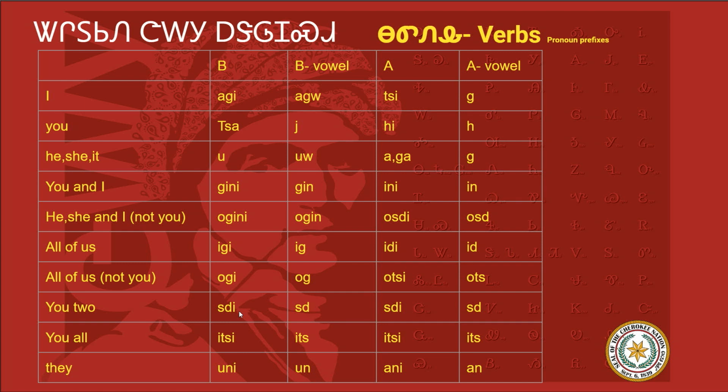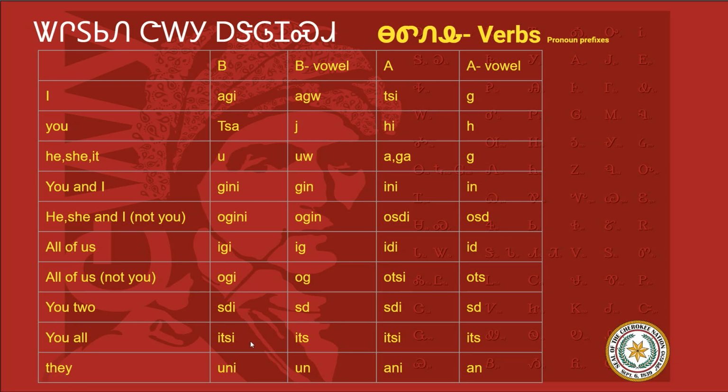Okay, sti, you two. Sti yosi, you two are hungry. Staduli, you two want it. Stiwoni, you two are speaking. Stanelti, you two are trying. E.g., you all, y'all, right?